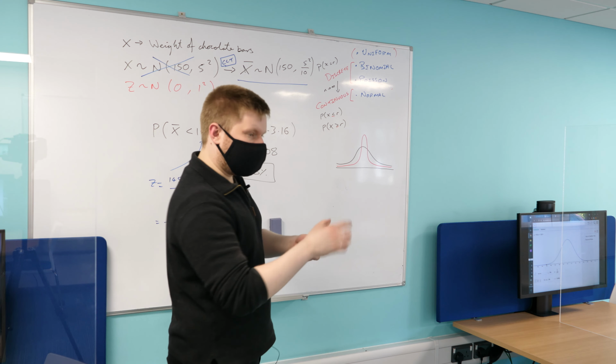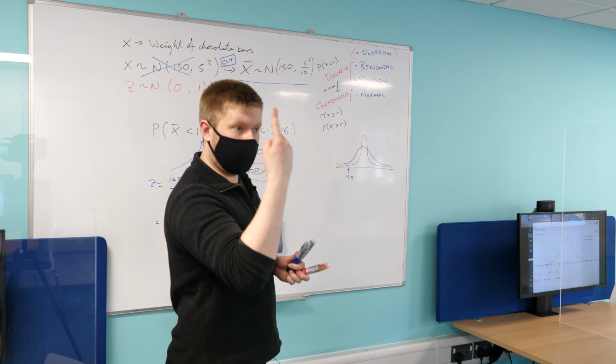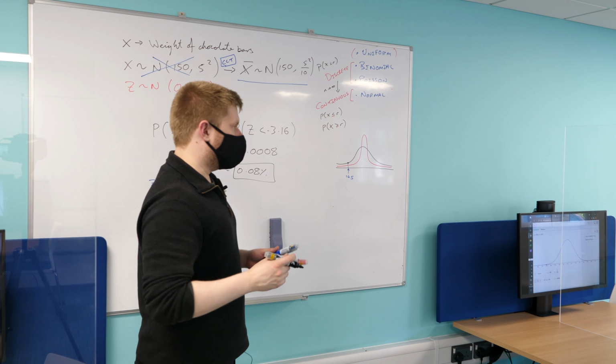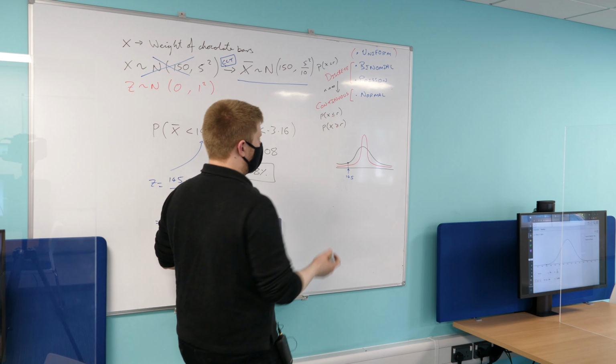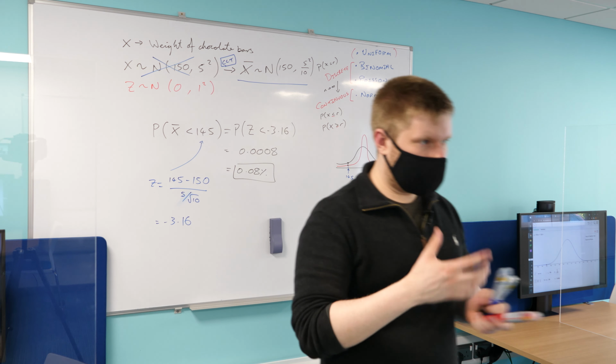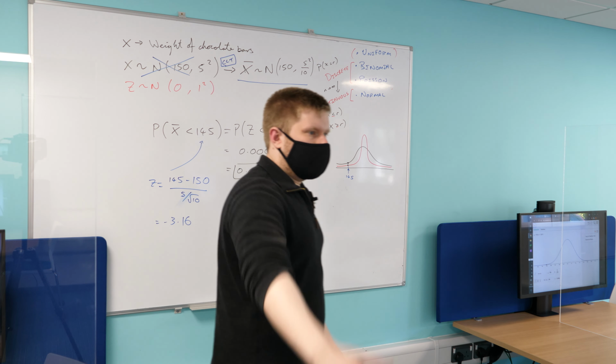For a value like 145, which is out here, are you happy that when we're just dealing with 1, we had a higher probability? But as soon as we had more things in our sample, that probability should decrease, because the probability of obtaining values further away from the mean should decrease as the sample size increases. You've got less chance of obtaining a value which is not the mean. So hence the reason why that has to decrease from what we had last time.